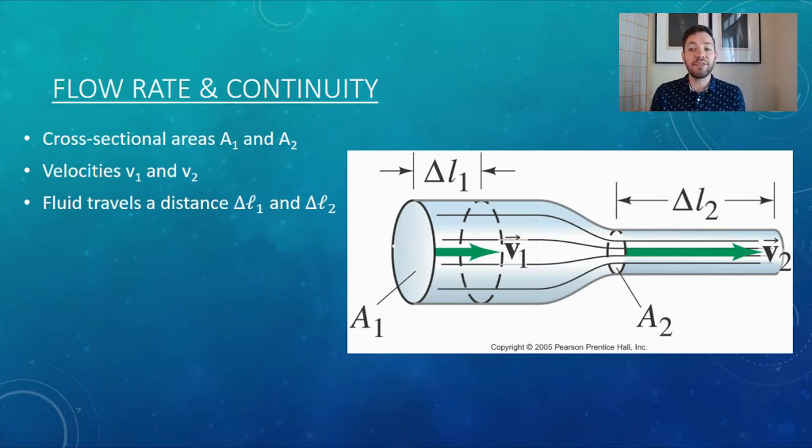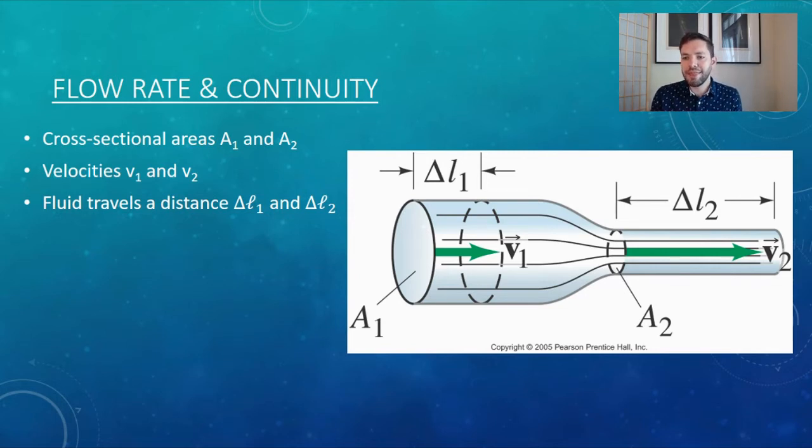We assume that that's a circle, all right? We wouldn't make a square pipe, that's not stable. So we're going to assume that these cross-sectional areas are circular. It's moving through these pipes at a certain velocity, V1 and V2. These are probably going to be different. If the size of the pipe is changing, they're almost certainly going to be different.